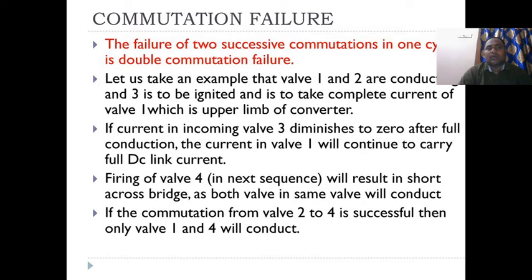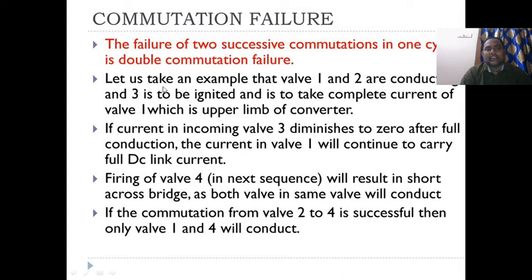The current is normally transferred from positive to positive valve. Sometimes the current is not transferred from positive to positive properly. It is nothing but commutation failure. When two valves conduct at a time from the positive side or the negative side, it is called a commutation failure. This is the most severe problem in converters.